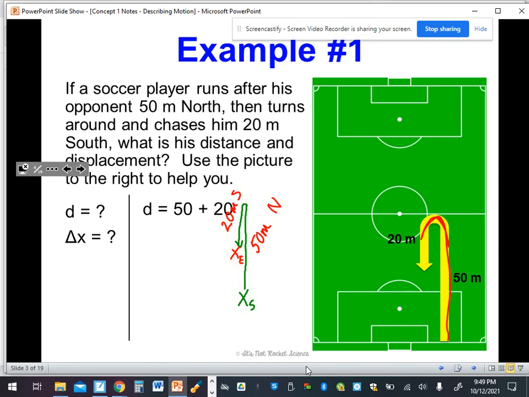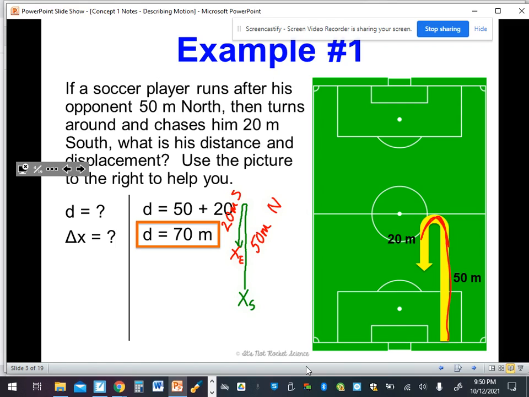So the distance traveled is your 50 plus your 20. And when you add that up, you get 70, and then make sure you bring your units along with that, meters. Okay? So the total distance that you ran was 70 meters.